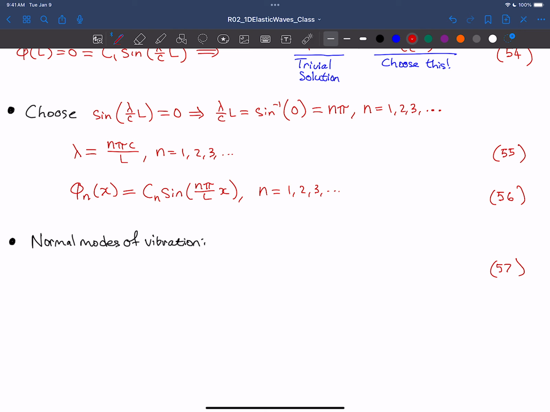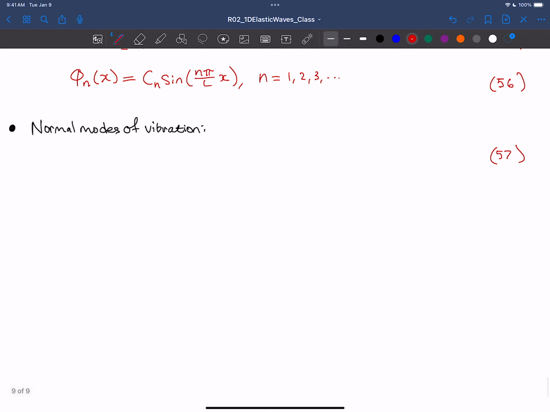So let's now talk about what the normal modes of vibration are. What we found by solving for phi is what we can call the eigenfunctions, or the mode shapes of the vibration. So a normal mode consists of both a mode shape or an eigenfunction, as well as a natural frequency, which ends up being related to the eigenvalues as well. In this case, the normal mode of vibration is going to be the following.